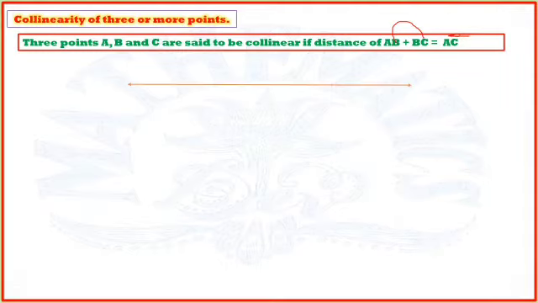For example, this is the line we have, this is the point B, this is A and this is C. So then we say AB plus BC, AB is 2 centimeter, BC is 3 centimeter, and AC is 2 plus 3.